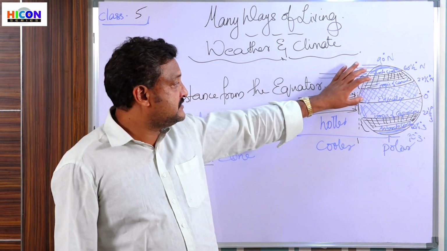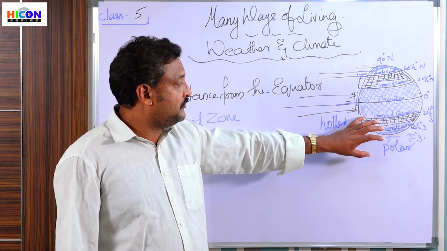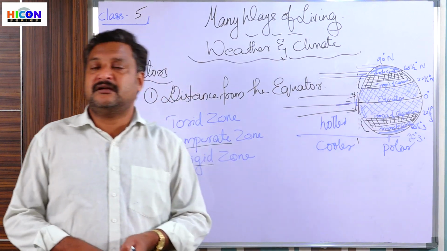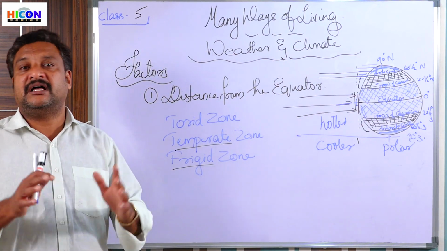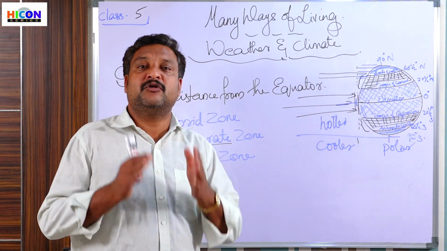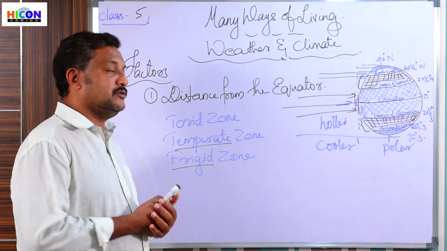Between the Arctic Circle and the Tropic of Cancer in the northern hemisphere, and the Tropic of Capricorn and the Antarctic Circle in the southern hemisphere, the sun rays are not as hot as in the torrid zone. So they receive moderate sunshine, and that is known as the temperate zone.